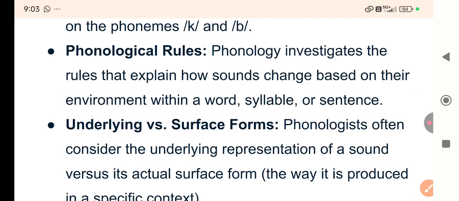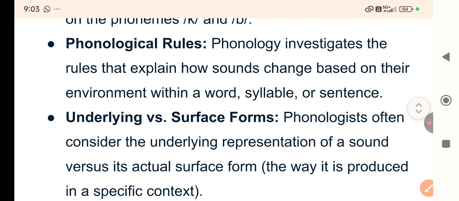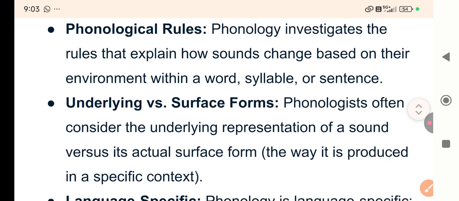Now, what are phonological rules? Phonology investigates the rules that explain how sounds change based on their environment within a word, syllable, or sentence. What do phonological rules mean?